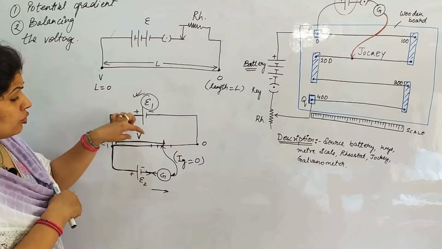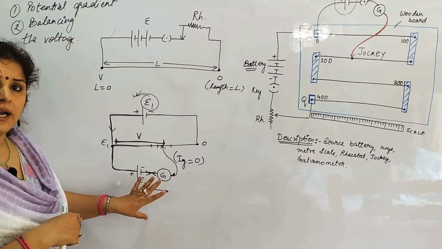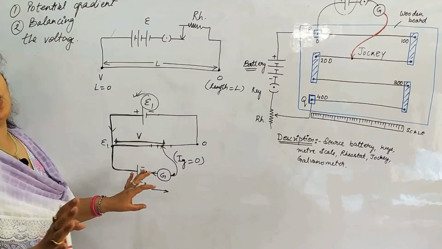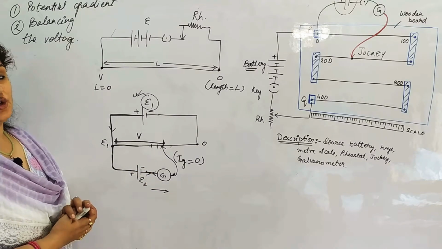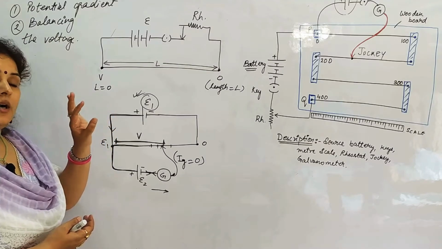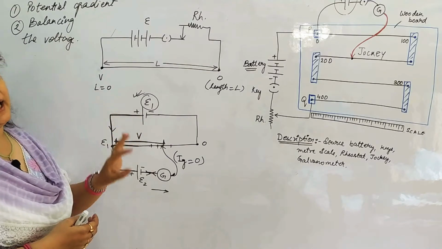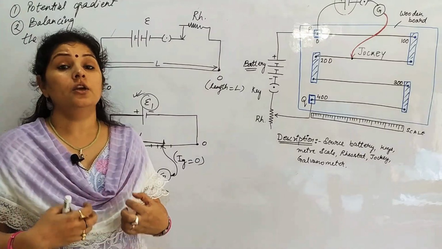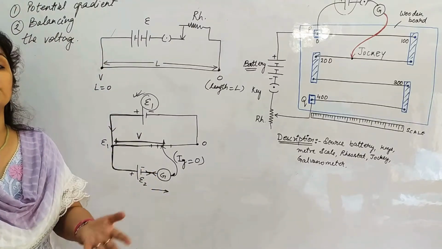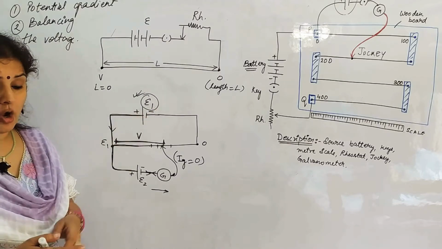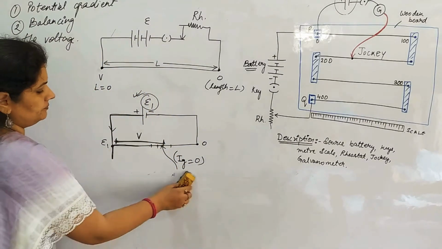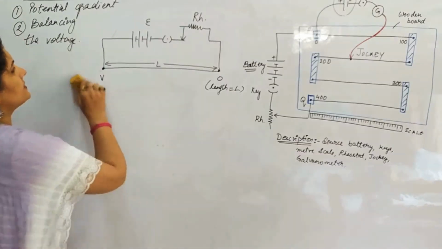It means that without drawing any current from this part, it will show the same potential difference, which we cannot do using a voltmeter. So that is the difference between a potentiometer and a voltmeter. A potentiometer does not draw any current from the circuit for its own operation, right? Now we are going to discuss the basic description of the potentiometer.